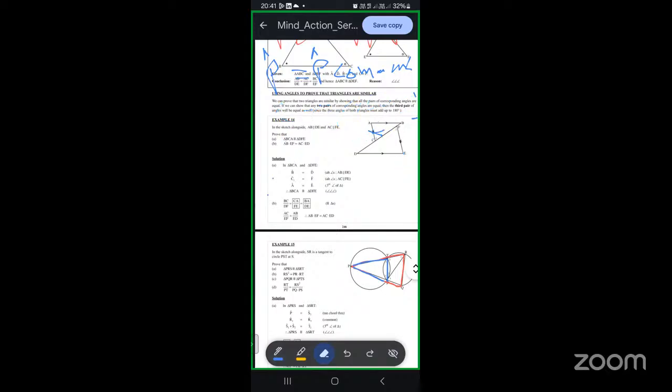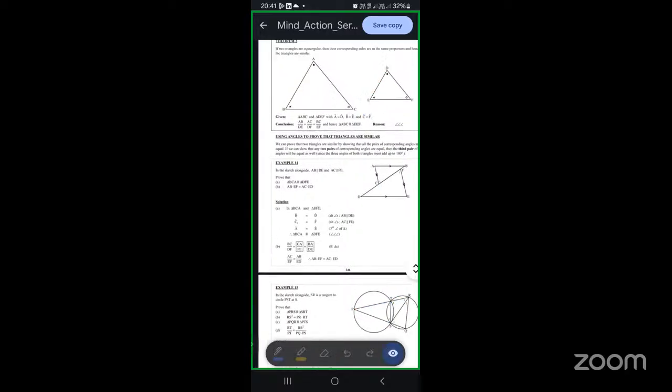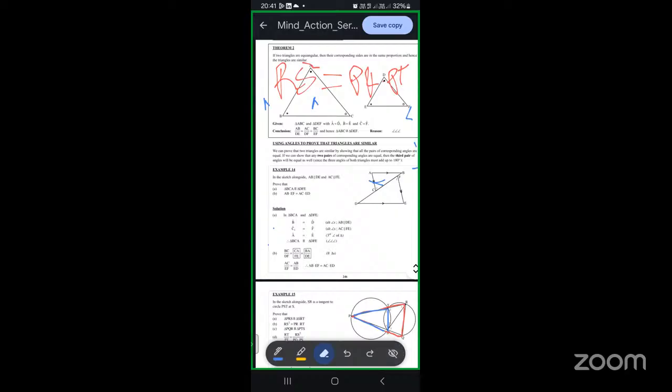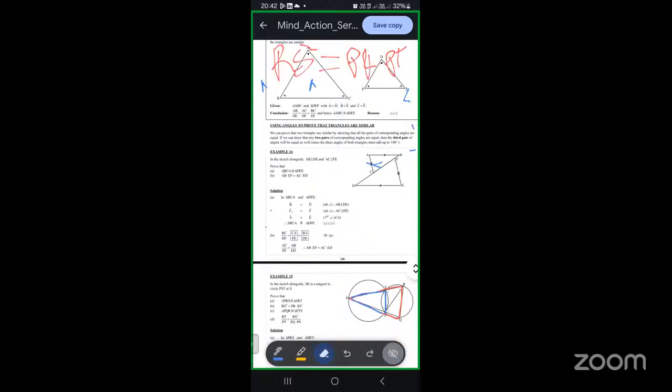So you were saying PQ over PT equal to RS squared over RT times PS.